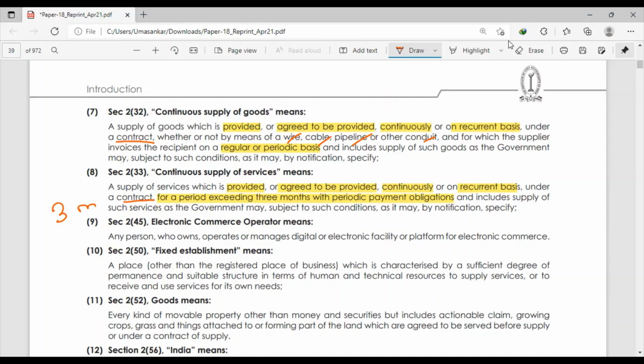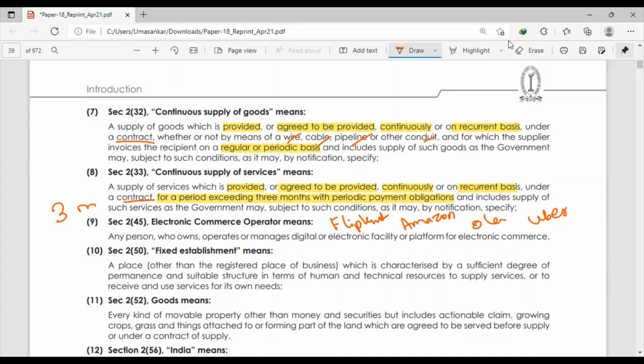Flipkart, Amazon, Ola, Uber. Okay, all these are electronic commerce operators.